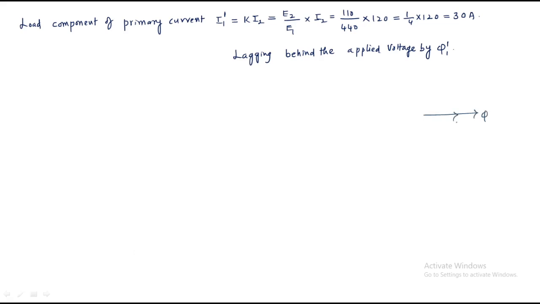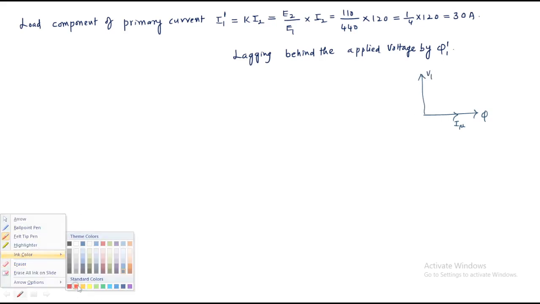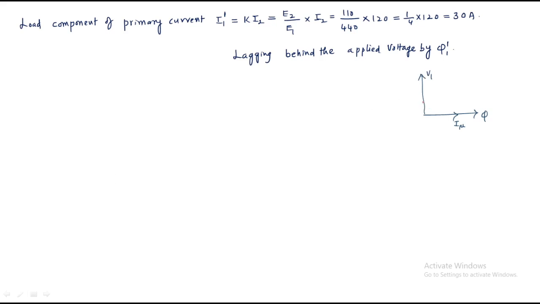Flux, I mu, this is V1, this is IW, this is I naught. This is E2, which equals V2, this is E1.